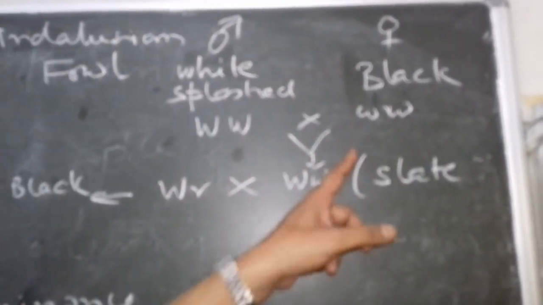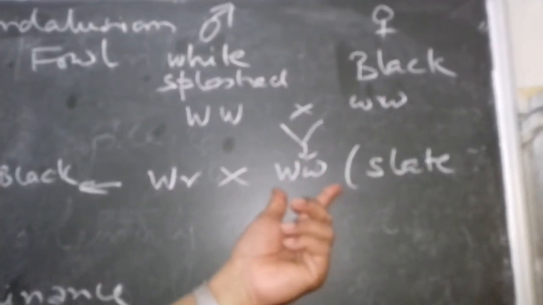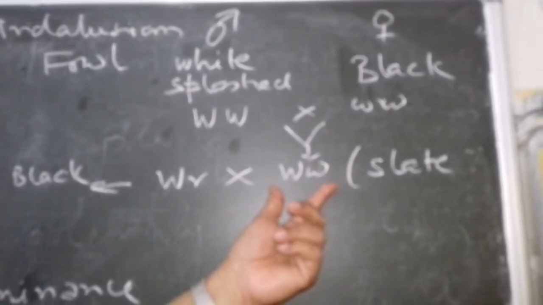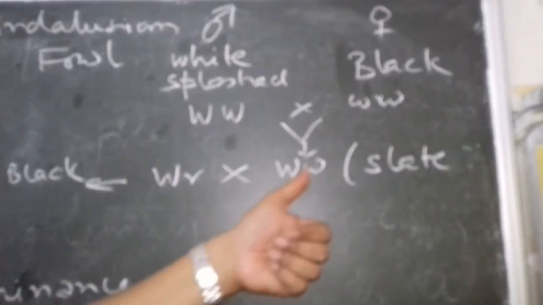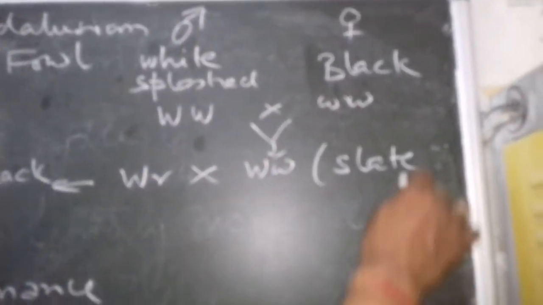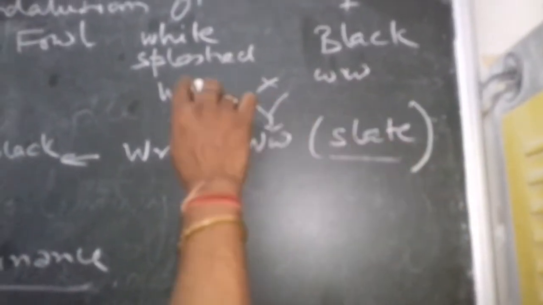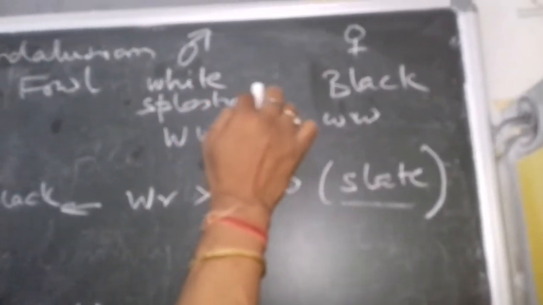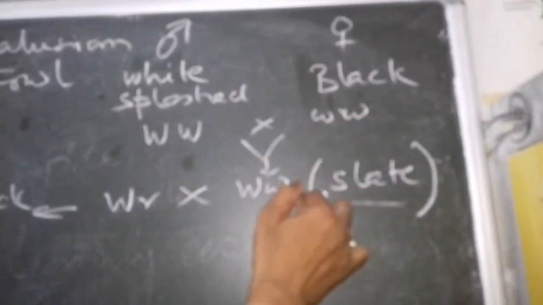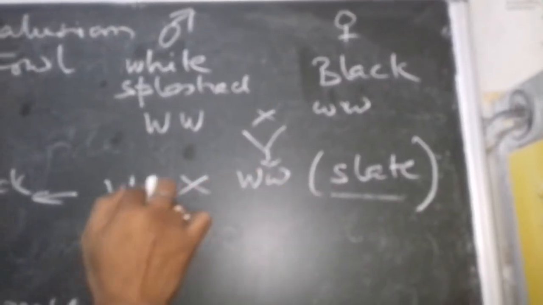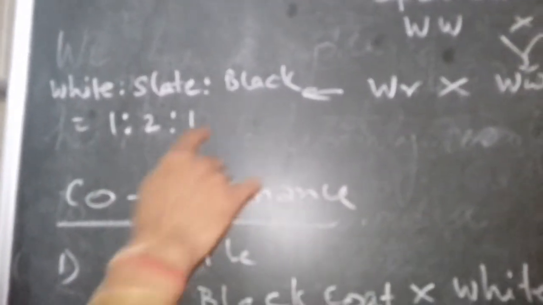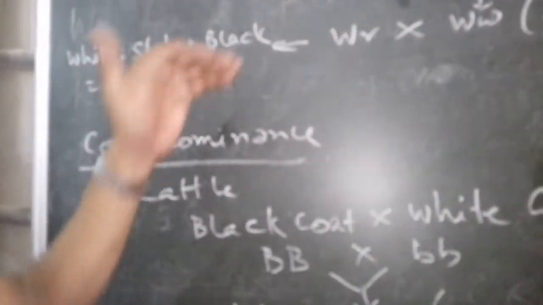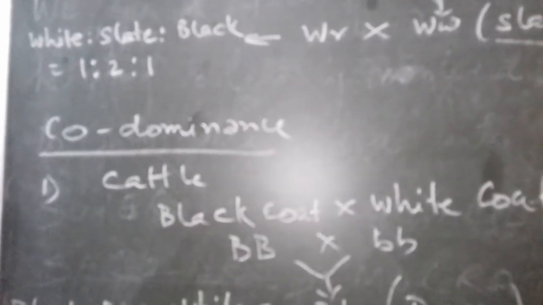Now, when they are crossed, in the F1 generation you have capital W small w, which, if they follow Mendel's law, should be white, but it doesn't appear white. It is a slate color, which is different. It's neither the male's nor the female's color. It's a different color. When you self-cross it, again you find white to slate to black is 1:2:1. Now, this is also an example of incomplete dominance.